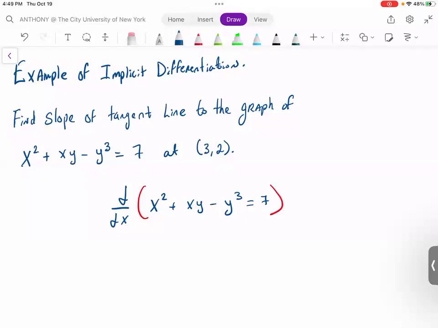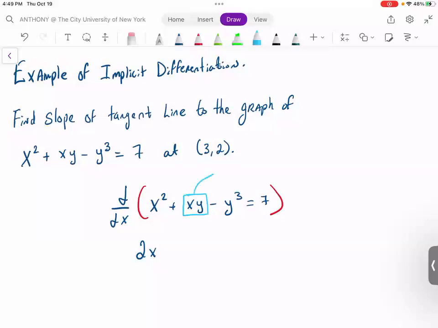You'll see. First of all, what is the derivative of x squared? It's going to be 2x. Derivative of x squared is 2x. Now, how will I find the derivative of xy? Remember, this says x times y. You have to apply a product rule.